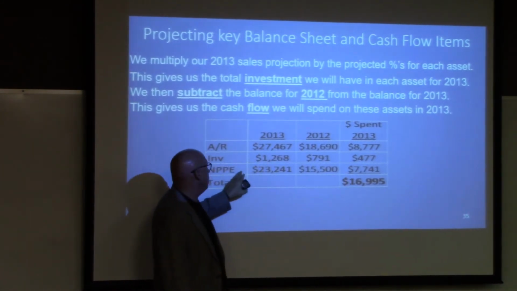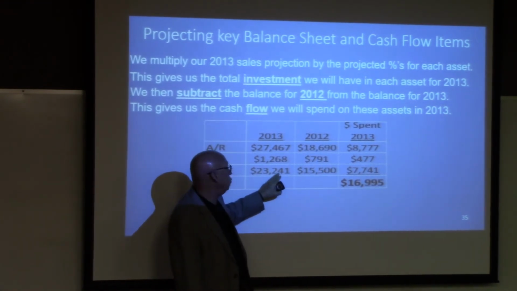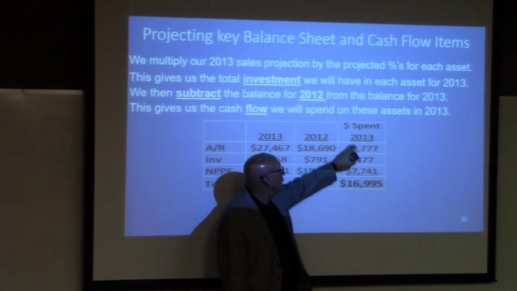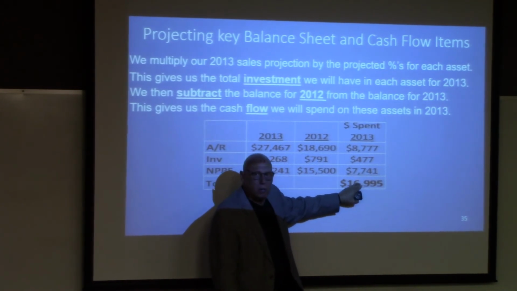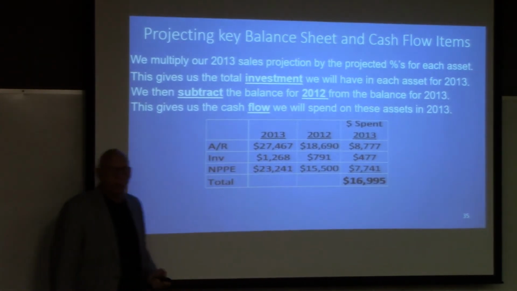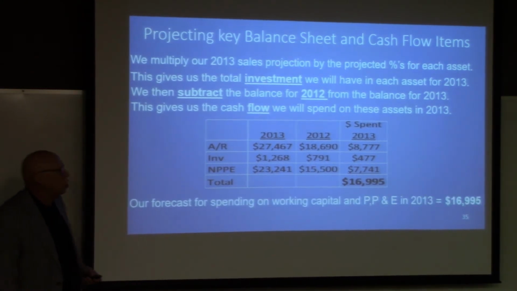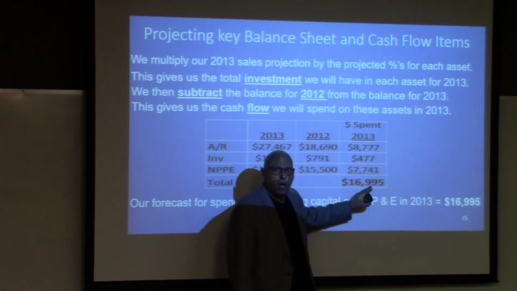We think that PP&E will go from 15.5 to 23.2. That is spending of 7.7. That is an outflow. Let's add up our three outflows, and we think we're going to spend $17,000 on assets in 2013. So we have our cash inflows, and now we have our cash outflows.